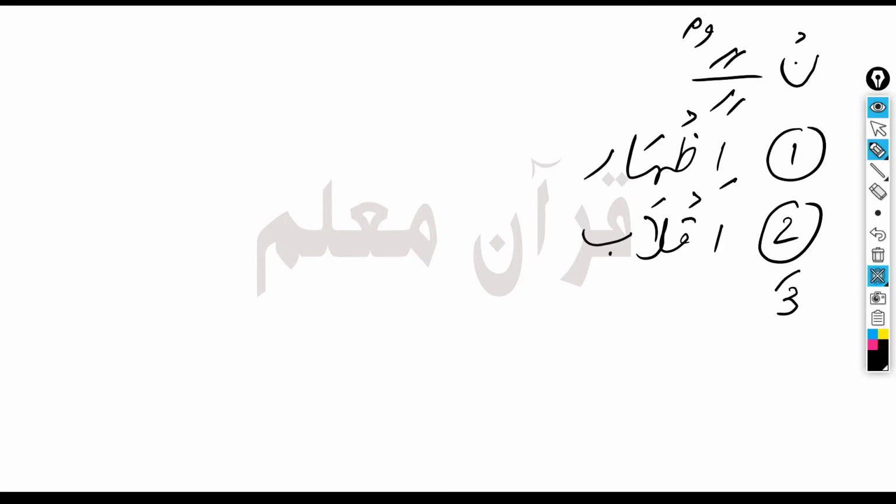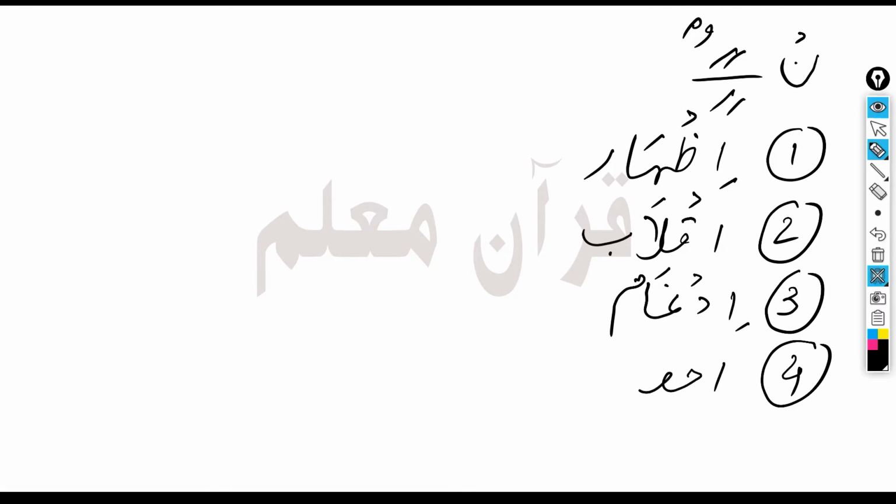The third part is called idgham. And the fourth part is called ikhfa. So the Ghunnah with the Noon Sakin and Tanween has 4 parts.